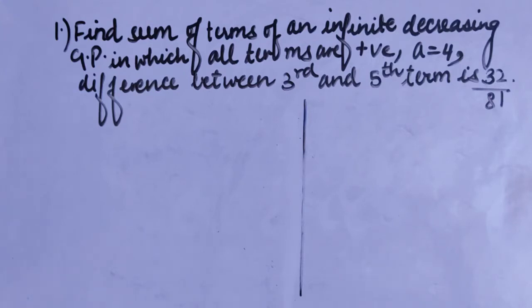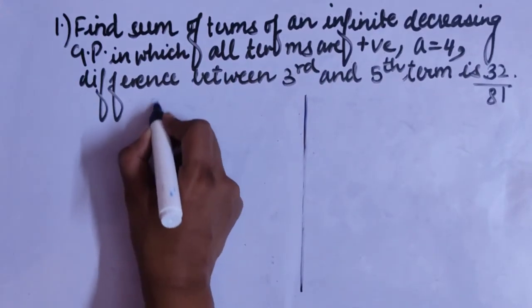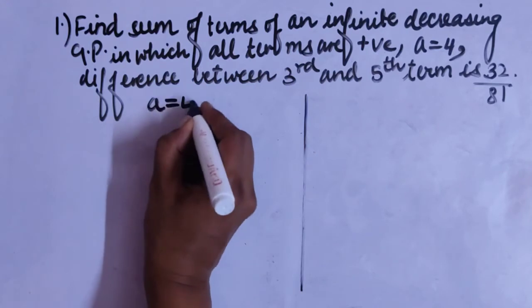Decreasing GP does not mean that the terms will become negative after a period of time. No, they are specifying here that all the terms are positive, where the first term a is equal to 4. It is given that a is equal to 4.